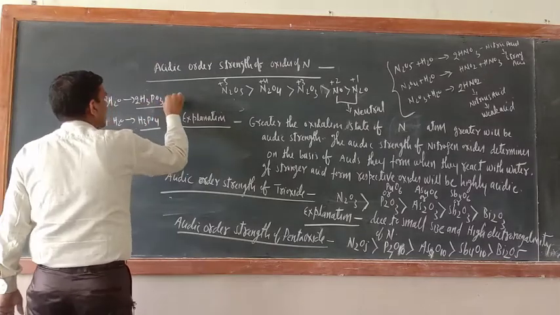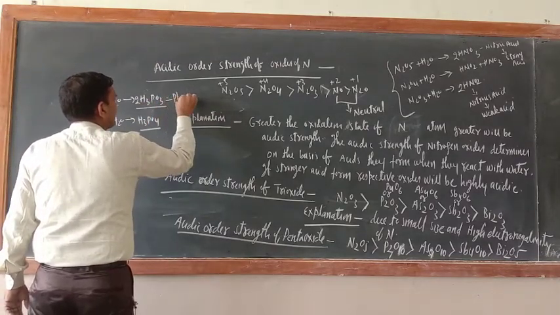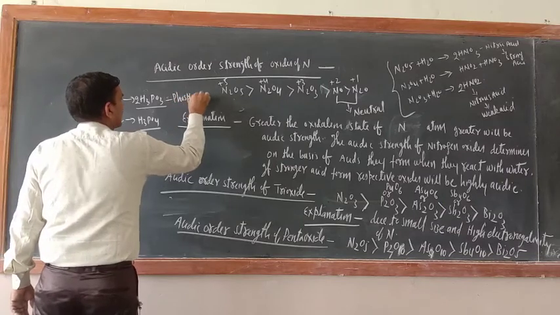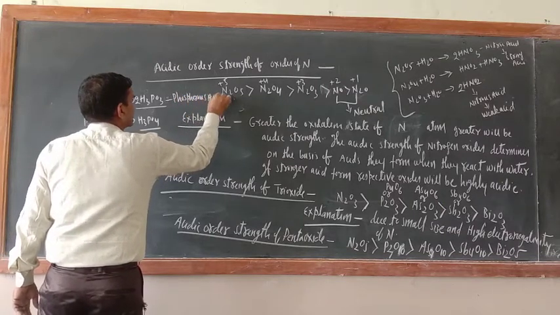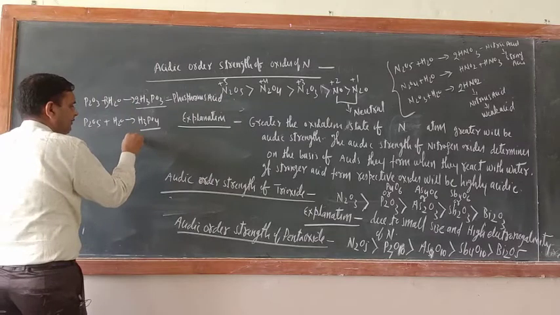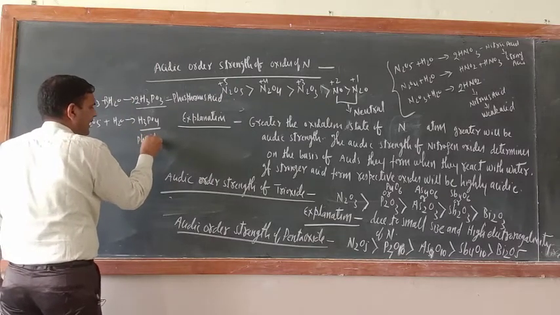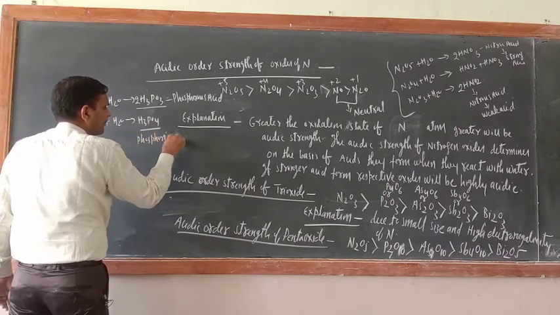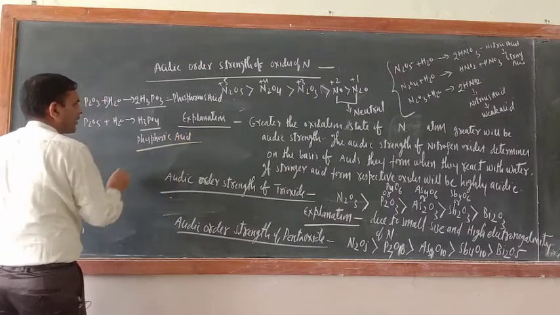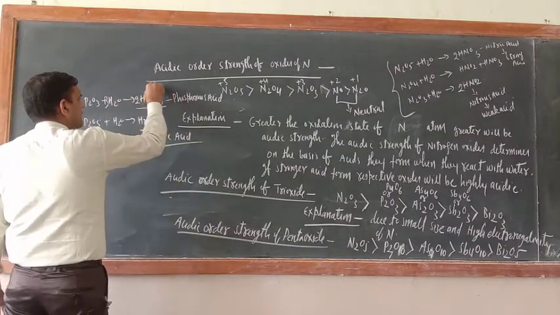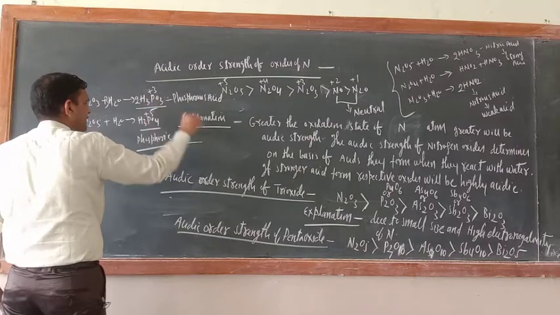What is this one? This is phosphorus acid, and the other is phosphoric acid. Plus 3 oxidation state, plus 5 oxidation state.